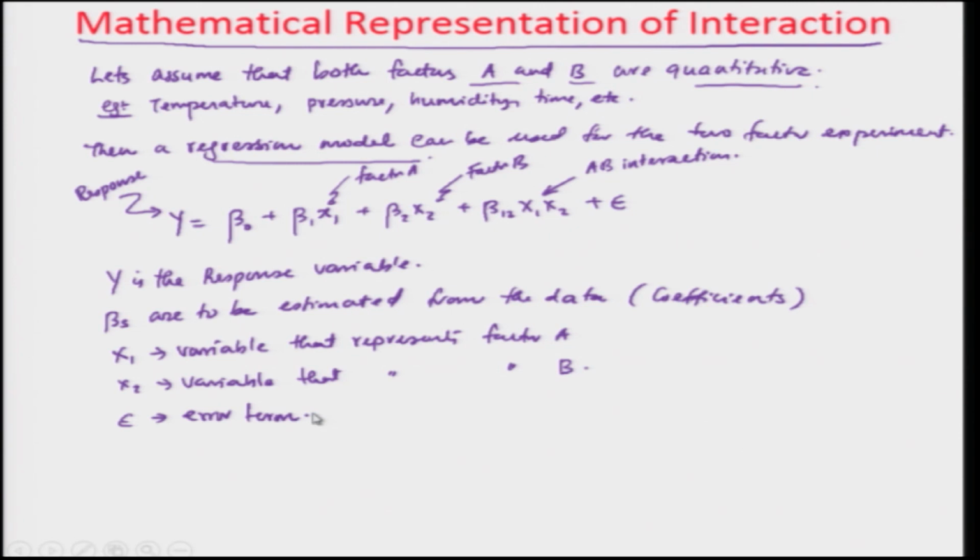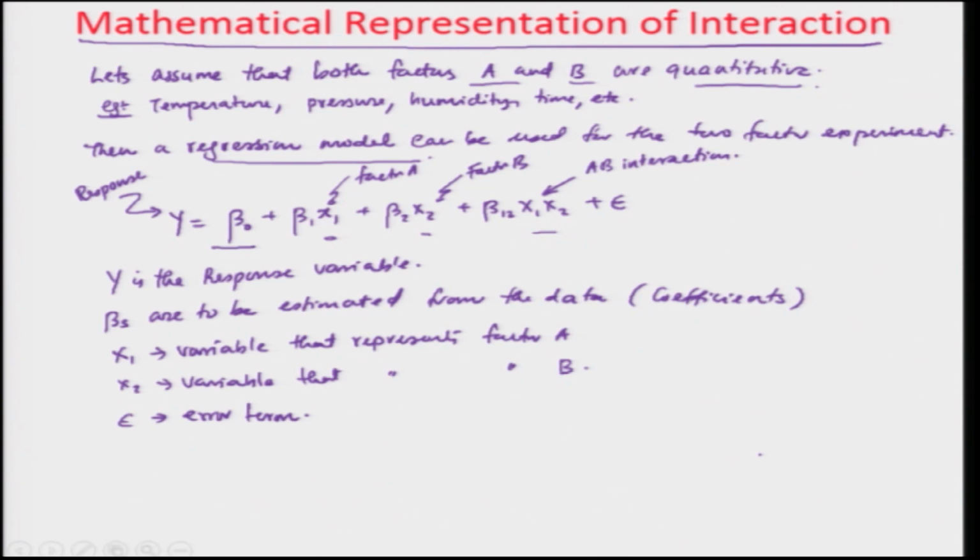So, what we do is we calculate the beta 0, this is the mean of means. Then from there, what is the change in the mean value due to the presence of x 1, then x 2, then the interaction effect. So, this is one way of mathematically modeling the interaction.